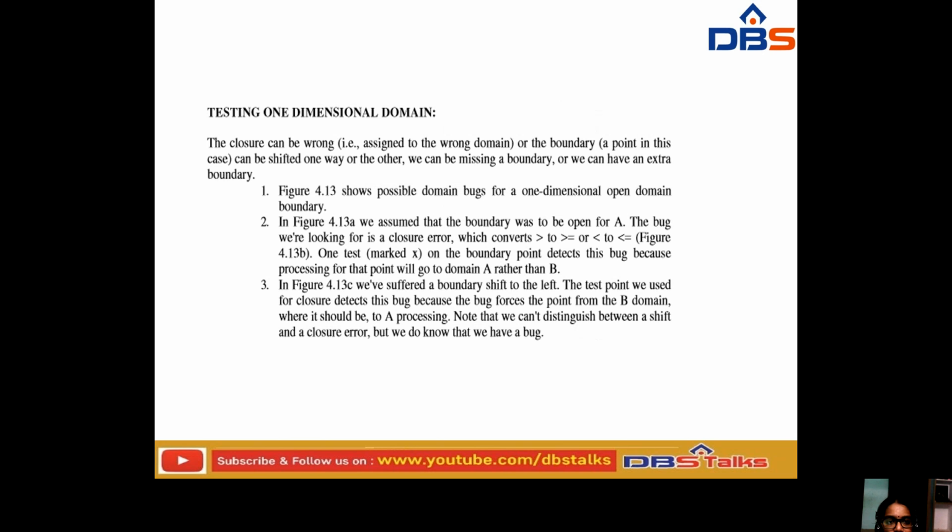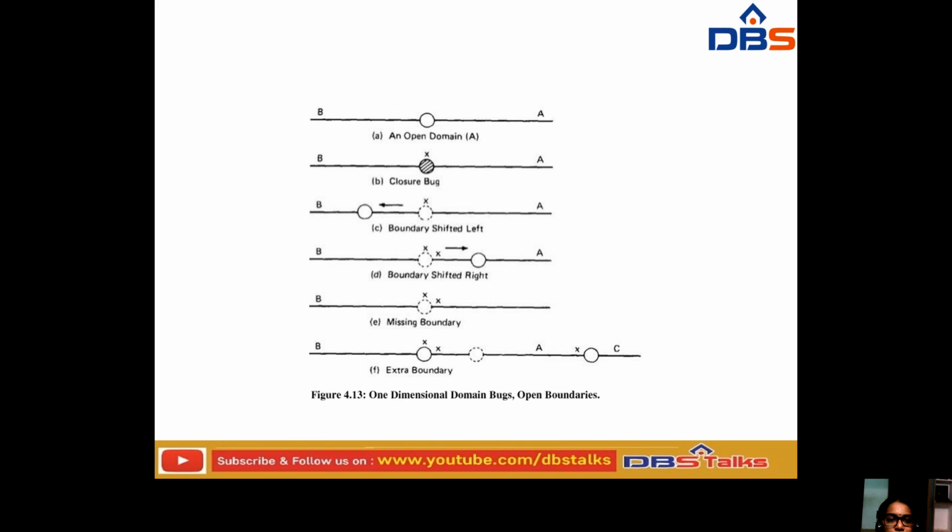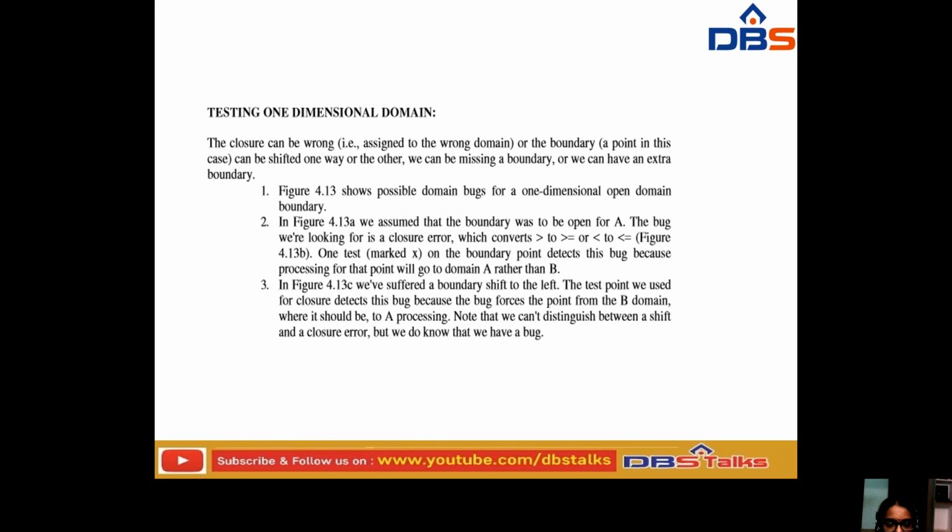Whenever we perform testing of a one dimensional domain, the closure can be wrong, that is assigned to be a wrong domain. Okay, we'll discuss testing of the one dimensional domain in the next class.